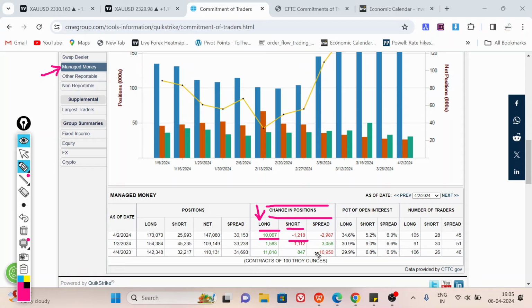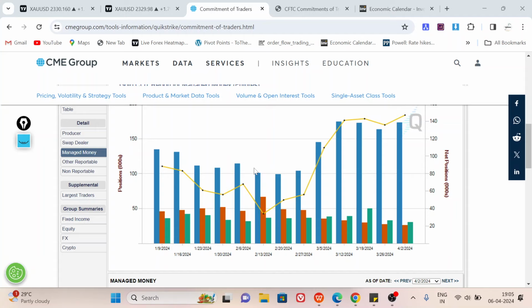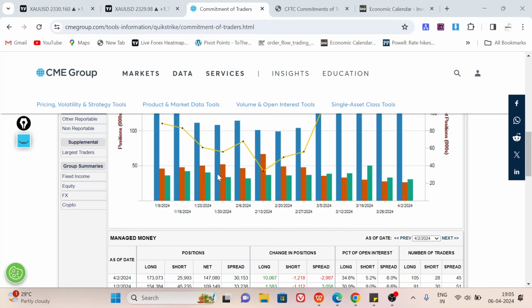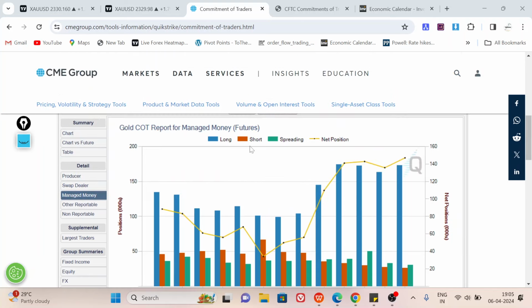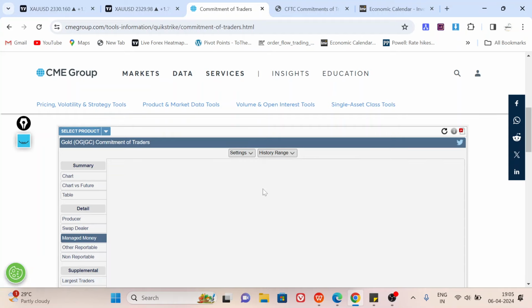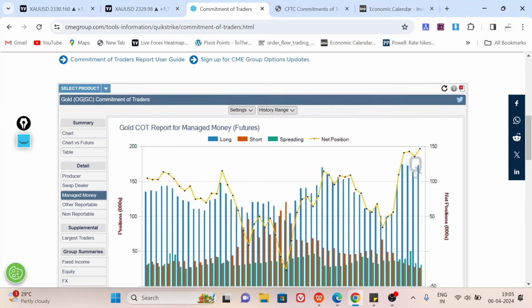So as per this data, the intentions of managed money are clear, and they are still bullish. Also, if we check the net long positions in this chart, let me change the time period to 1 year. You can see that the net long position is at its highest point.